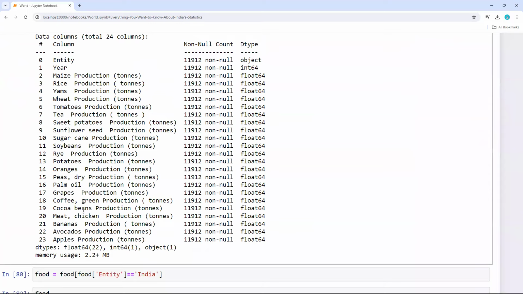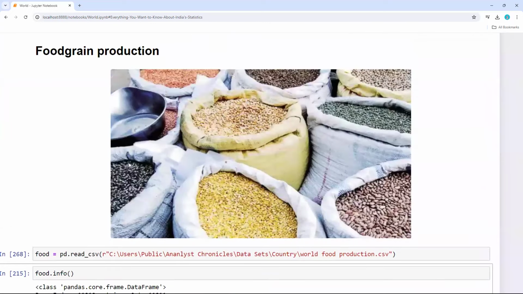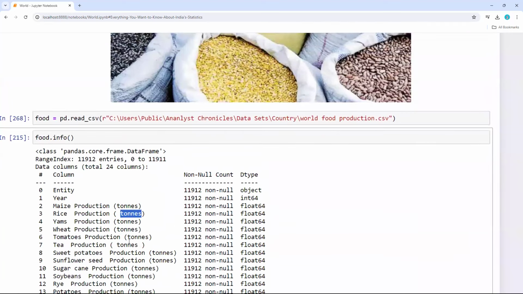These are all the different kinds of foods India produces, in tons.